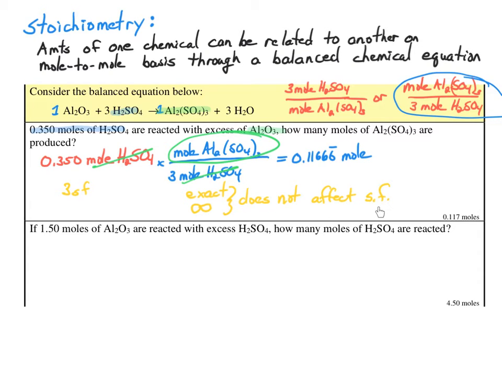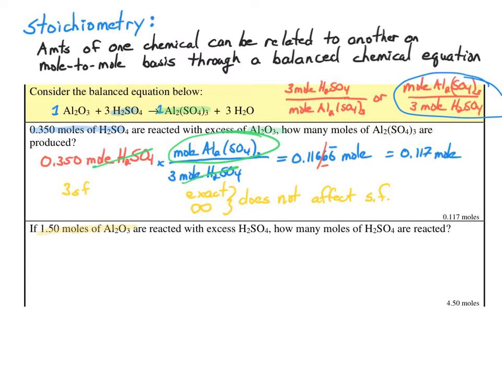It does not impact sig figs. It doesn't affect sig figs at all. So we need to use 3 sig figs when expressing our answer. We round up and we get our final answer as 0.117 moles.